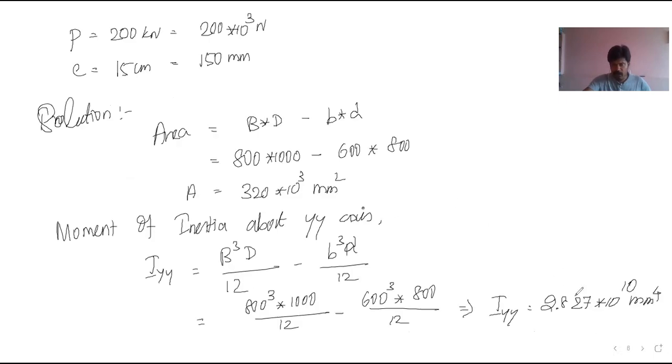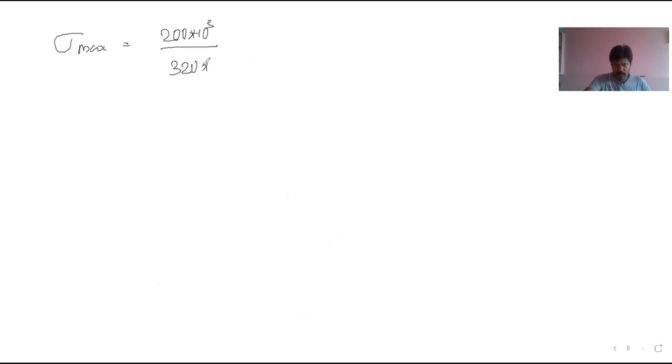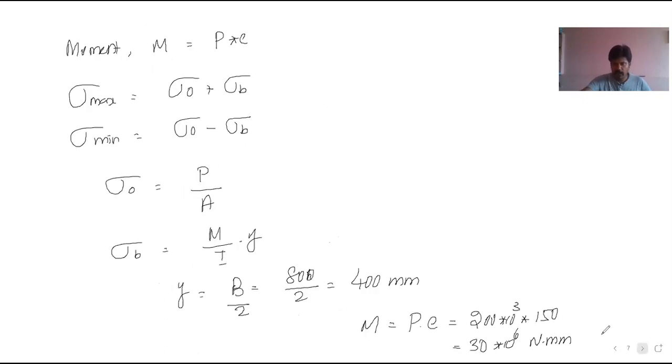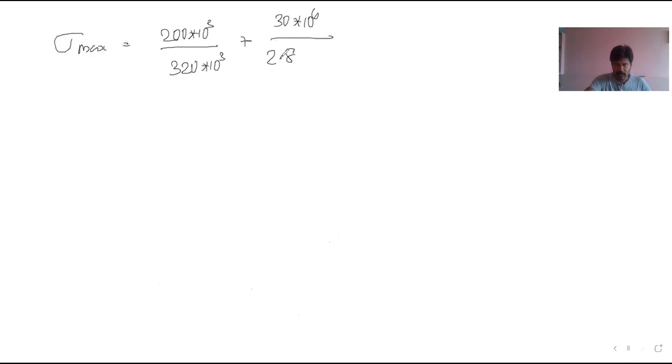The area value is 320 into 10 to the power 3, plus M by I. The M value is 30 into 10 to the power 6 divided by the I value, 2.827 into 10 to the power 10, into Y value 400. So this is the value for sigma max.